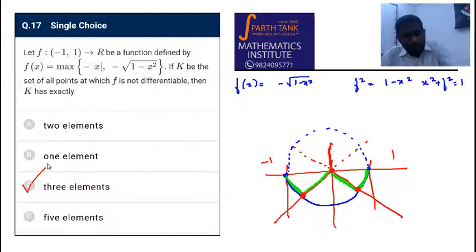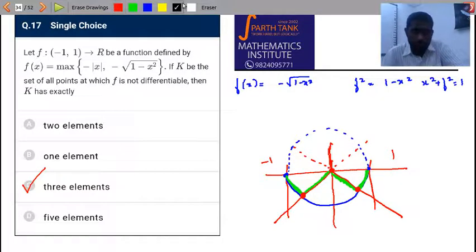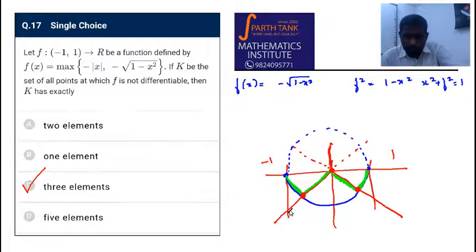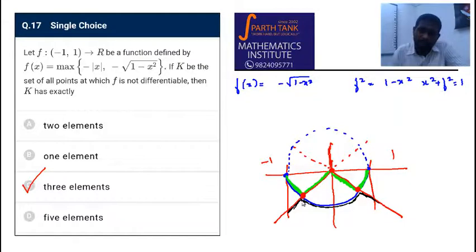If the same question were about the minimum, just for the sake of completeness, the minimum would be like this. The black line, the minimum in this region is this, and here it is going to be here. So the minimum would have only 2 points of non-differentiability.